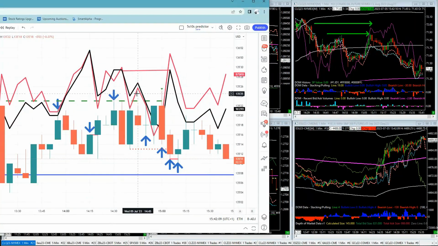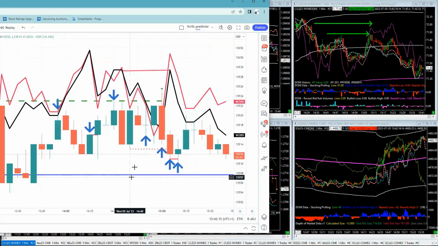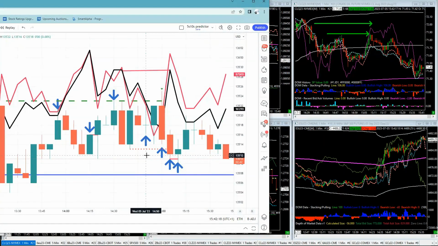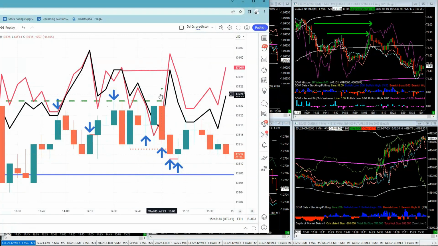Now, the interesting thing you'll find with these 2 pictures, Reeve, which I think is really quite an interesting aspect of it, is that the value on the 2s, 10s, 2s, 30s will give you one side of the trade, and the value on the 5s, 10s will give you the other side of the trade. So if you're buying this side of the trade based on the 5s, 10s, you'll nearly always be selling the other side on the other spreads.